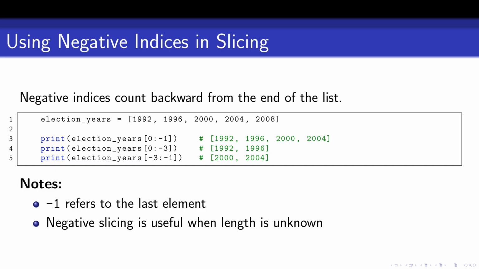Slicing in Python also supports negative indices, which count backward from the end of the list. This is especially helpful when working with lists of unknown or variable length, where you may want to access items relative to the end rather than the beginning. For example, my_list[-1] gives you the last element, and a slice like [0:-1] returns all elements except the last.